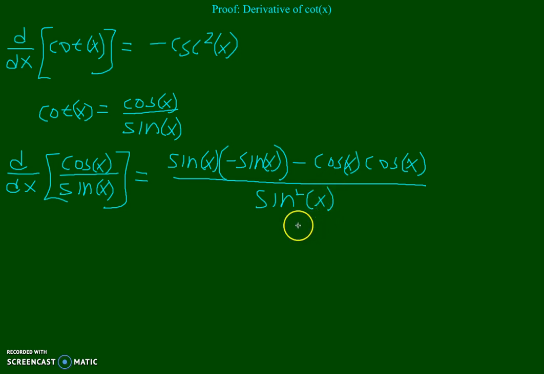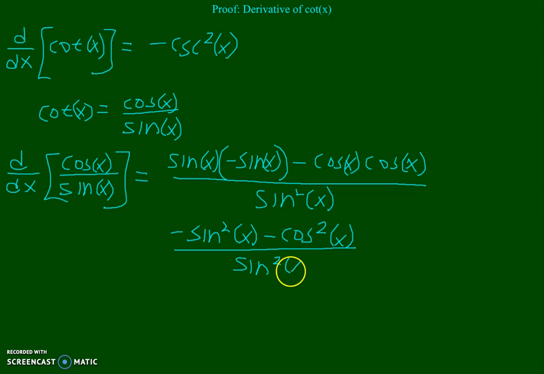Okay, now let's go ahead and simplify our terms. Sine times negative sine is negative sine squared x, and cosine times cosine is minus cos squared x, and that's all over sine squared x.